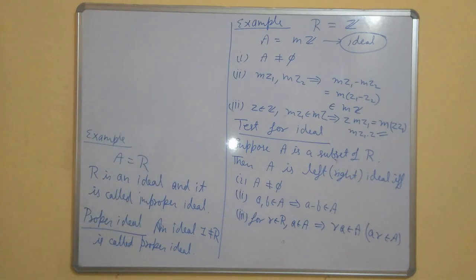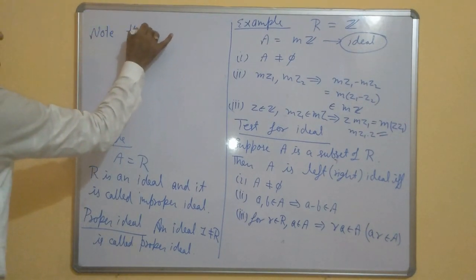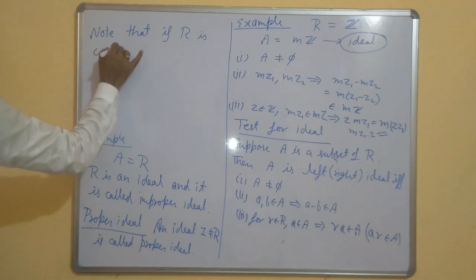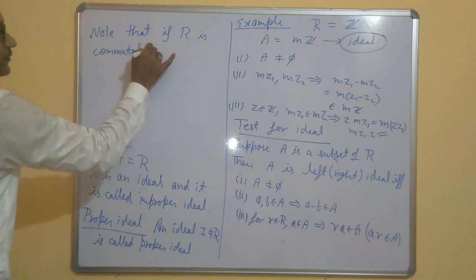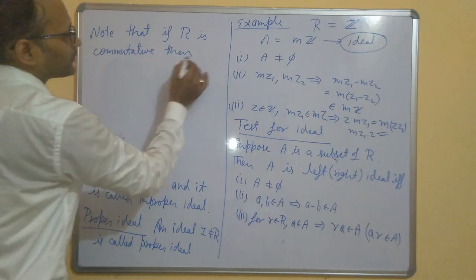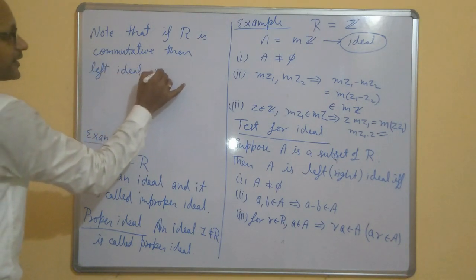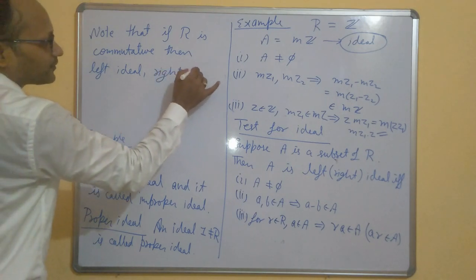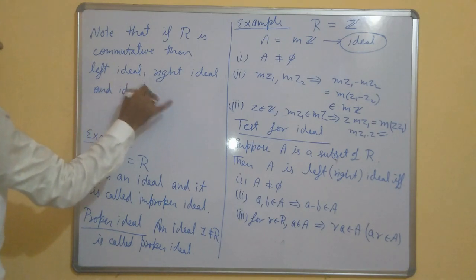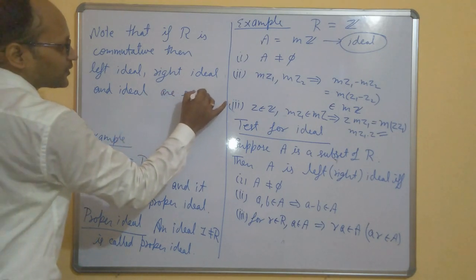Now before coming to the example, let me write one thing. Note that if R is commutative, then left ideal, right ideal, and ideal are the same, because the ring is commutative.